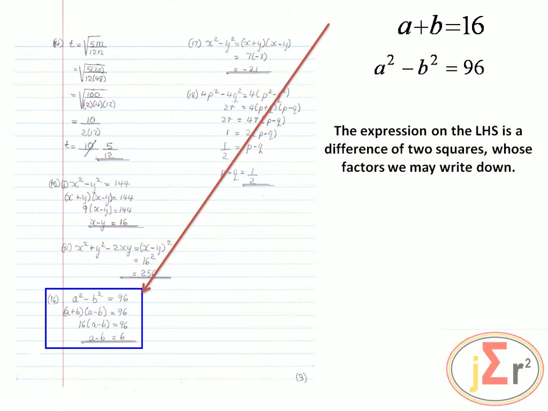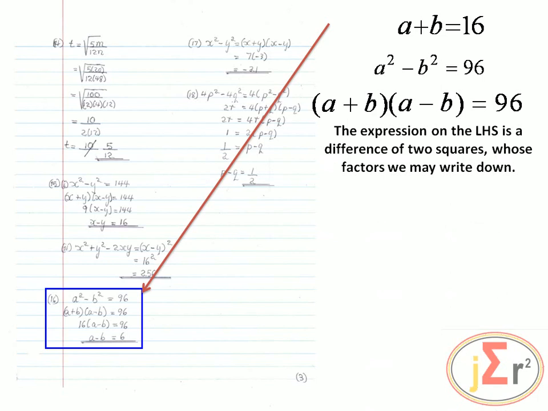So we have a plus b is equal to 16, we have a squared minus b squared is equal to 96, and we are required to find the value of a minus b, which is quite similar to the one that we have in the first part of problem number 15, and we will take the same steps.